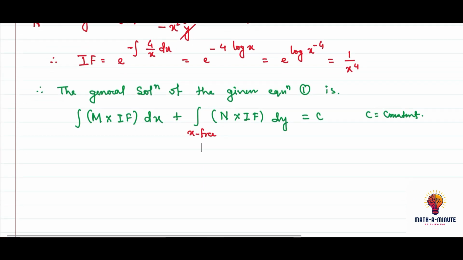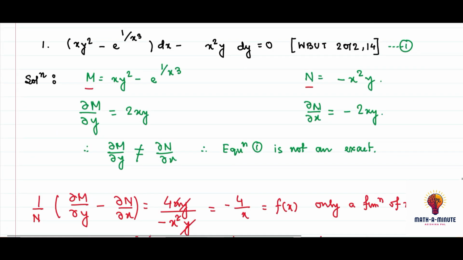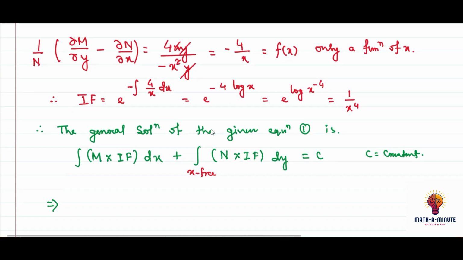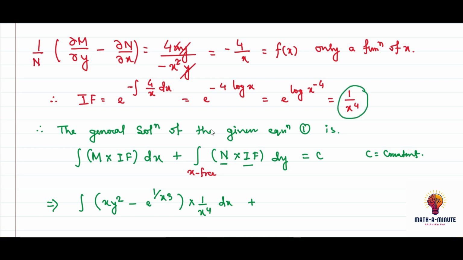So now, according to this calculation, what is the value of M? M is basically xy square minus e to the power 1 by x cube, and we have to multiply this by the integrating factor 1 by x to the power 4 dx. Now if we multiply this term by the integrating factor, and x is involved in the integrating factor, we can remove this term from the calculation.